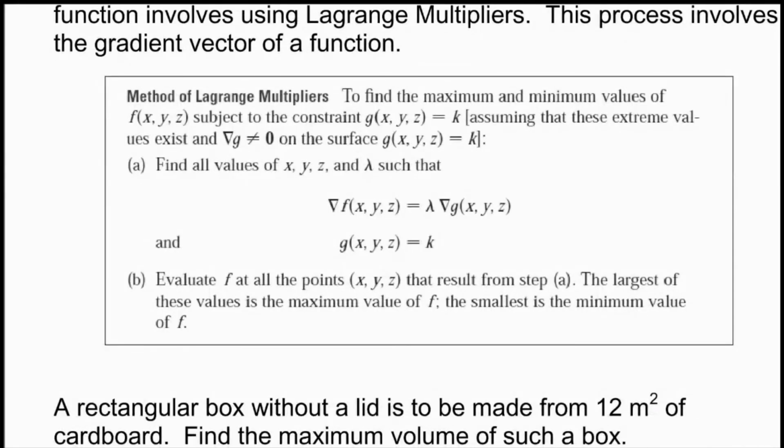So this is the method of Lagrange multipliers. We're going to say the function we're trying to find the max or min of is f, and the constraint that we're operating under is a function g. Knowing that to be the case, like I said, I'll explain this a little bit more in class, that means our gradients have to be parallel.